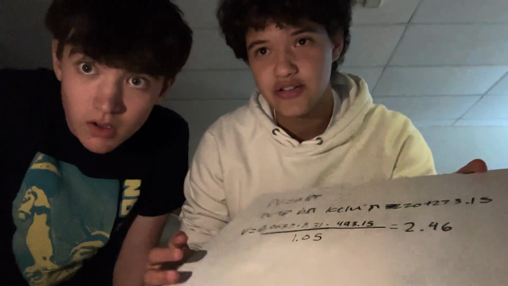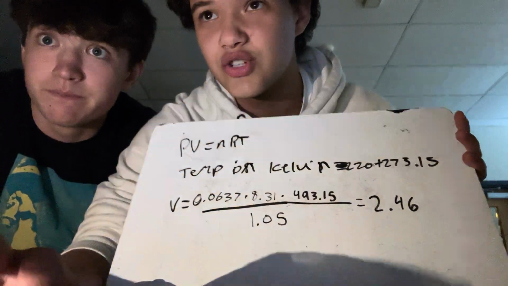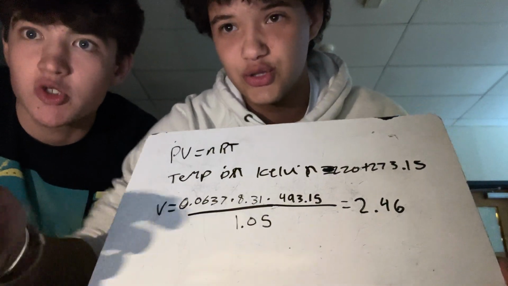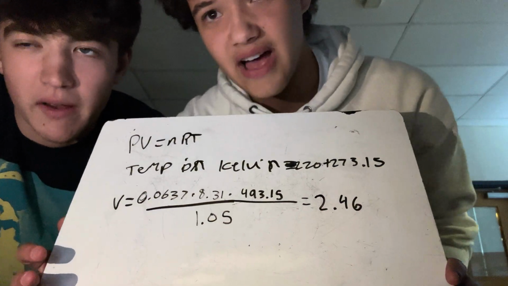Okay, so basically, if you go on your pink sheet, the question is to calculate the volume of the water vapor released, measured at 220 degrees Celsius and 1.5 ATM.